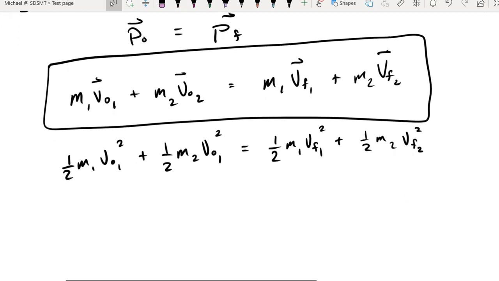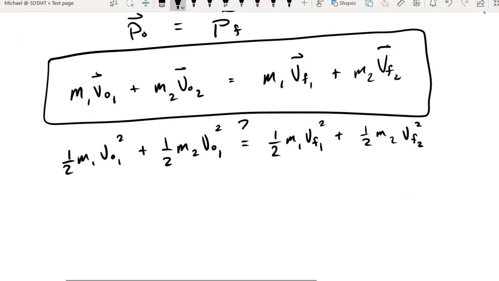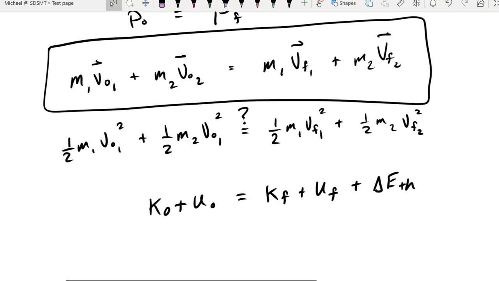But the question here is, does this in fact produce an equality? Because one of the things that we found in our discussions with energy is that it's not always just a matter of keeping track of kinetic and potential energies. Sometimes, in fact most times, there is some thermal energy generated due to things like friction or air resistance, or maybe during a collision.